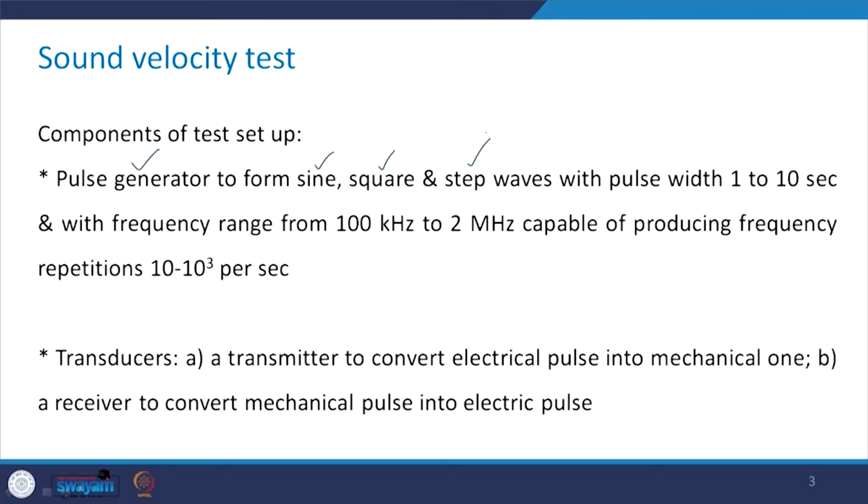Then there are transducers. The first one is a transmitter, which converts the electric pulse to a mechanical pulse, and the second one is a receiver, which converts the mechanical pulse back into an electrical pulse.